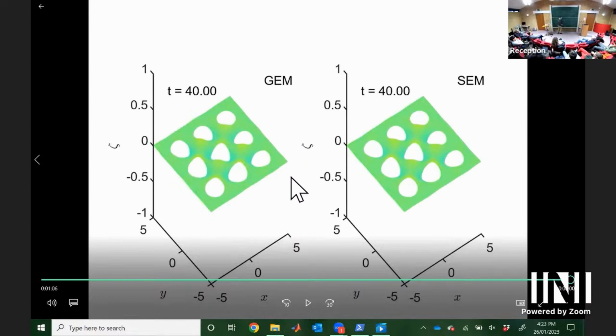I've rubbed it out, but it's some integral over the domain, omega domain, something like that.